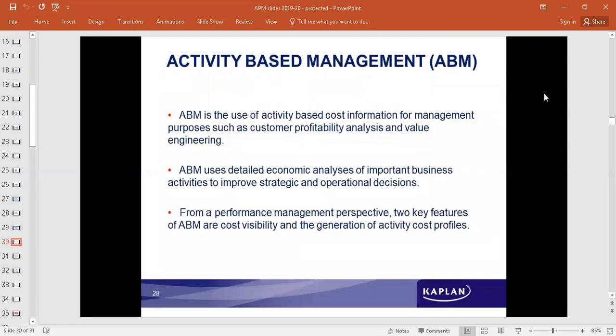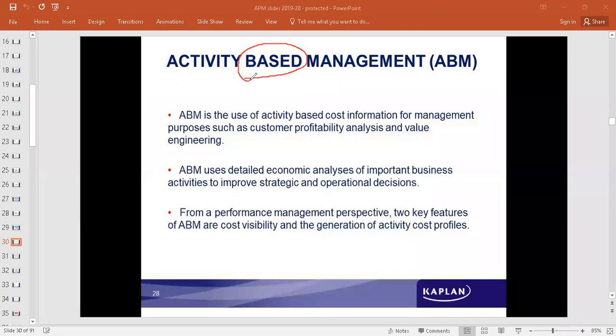Activity-based management, that's a new topic. When we talk about anything-based management, activity-based management, value-based management, the focus of that particular concept is adding value to some stakeholder.